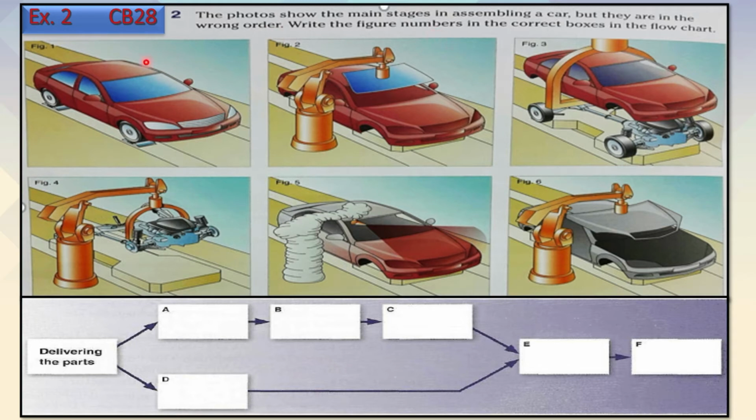Write the figure numbers, figure 1, figure 2, figure 3, figure 4, figure 5, and figure 6 in the correct boxes in the flow chart. This is the flow chart. You need to write the figure numbers. Now, pause the video and try your best to write the figure numbers in the correct order in the flow chart. Don't worry, you will have a chance to check your answers later.